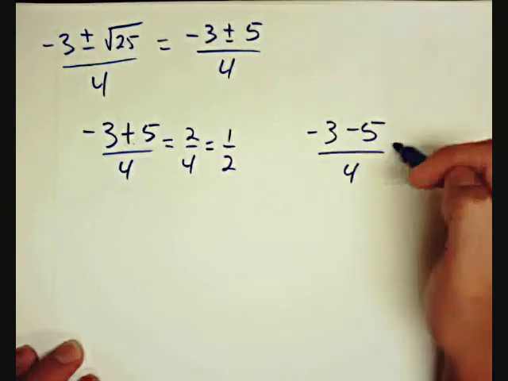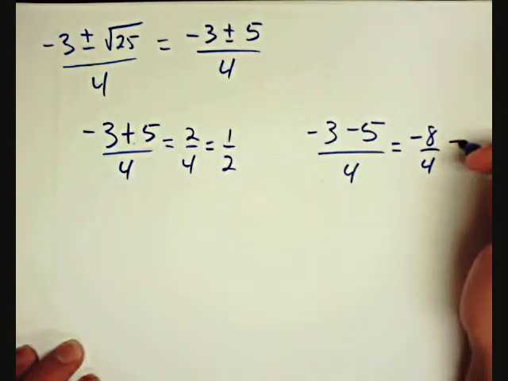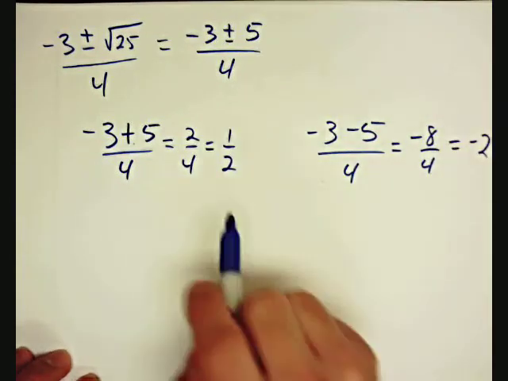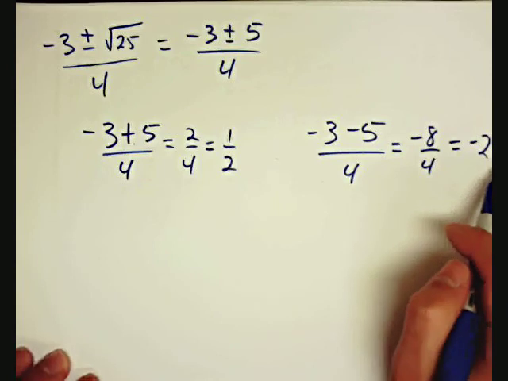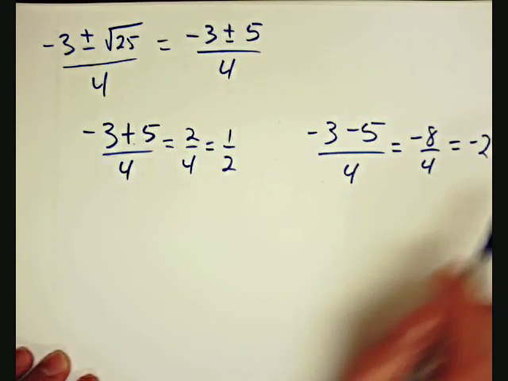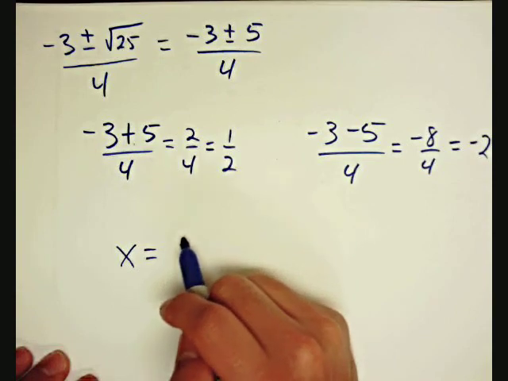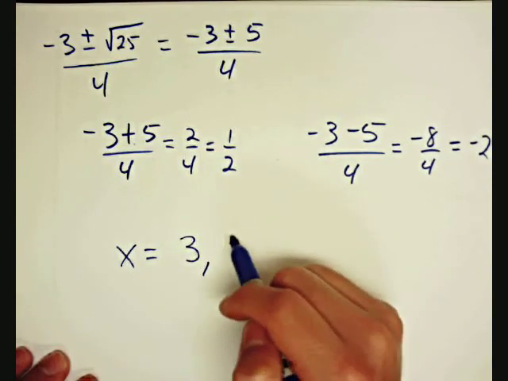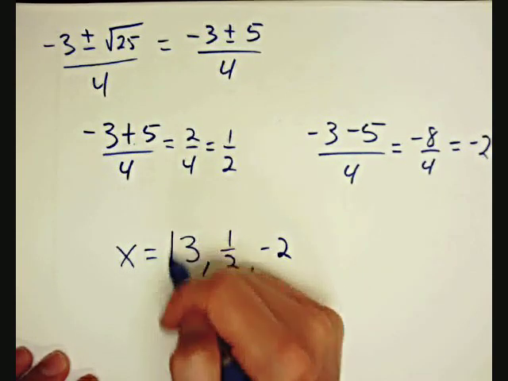Negative 3 minus 5 is negative 8 over 4, and that's negative 2. So there's our 2 remaining solutions to go along with 3. So our solutions to this polynomial equation, we want to include the number they gave us, 3, and then we also have 1/2 and negative 2, in no particular order.